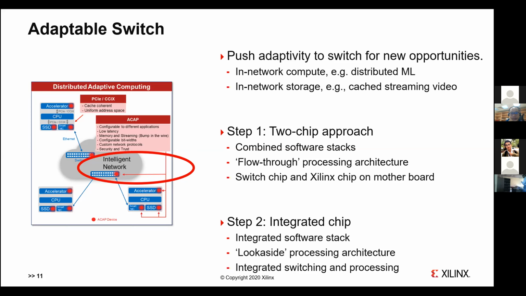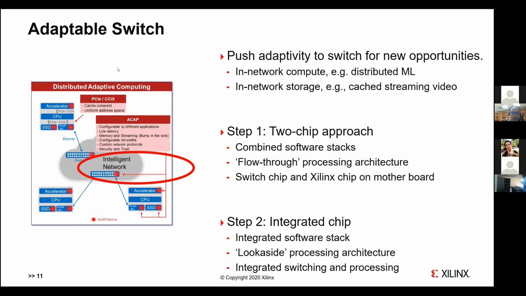So to make it happen, we will have two steps. The first step, we would start from a simple, or not simple, but more straightforward way, right? We will have a two-chip approach, combining a switching ASIC and a programmable node, right? And we would like to use the flow-through processing.